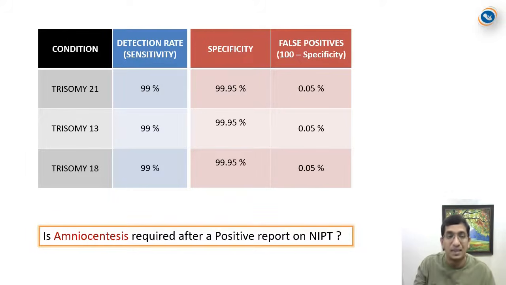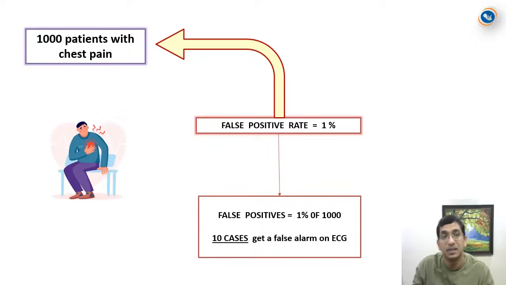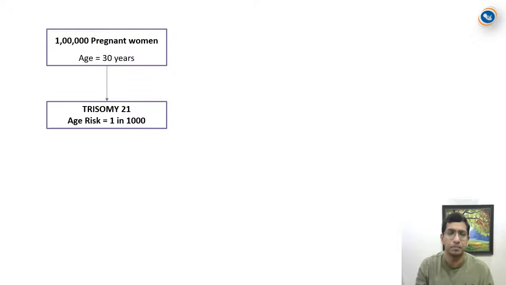For this, let us go back to the heart attack slide from the beginning. Remember I had told you that the false positive rate of 1% applies to the entire population. So in that case it was 1% of 1000, or 10 cases. Now this same principle we will apply to NIPT and see how it works out. Let us take 1 lakh pregnant women, all aged 30 years, a theoretical example.